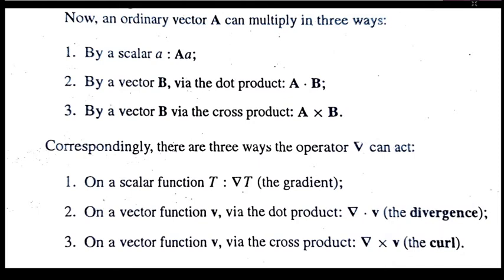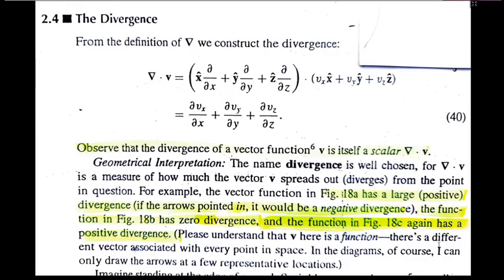The divergence can be understood in the following manner as shown in the slide. The del operator is what is shown over here in the bracket: del by del x cap plus del by del y cap plus del by del z cap.